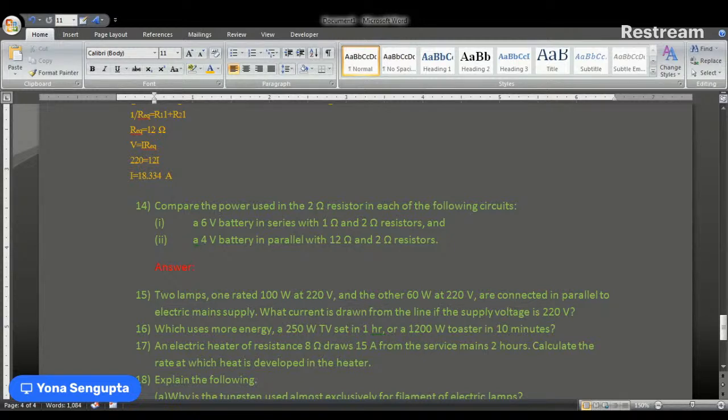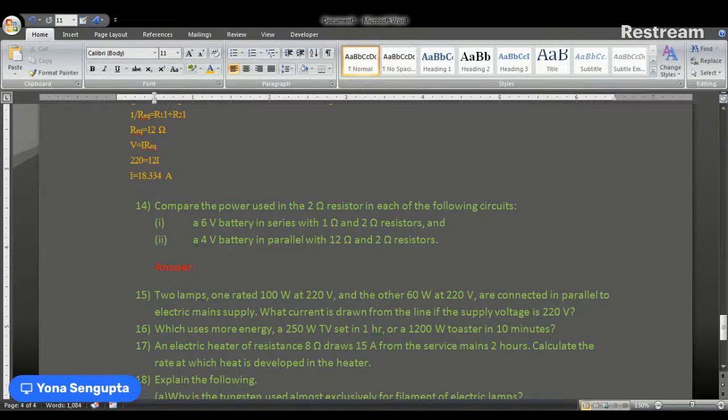Using Ohm's law, I equals V by R, which is 6 by 3. So I equals 2 A. So 2 A current will flow across all the components in the circuit.